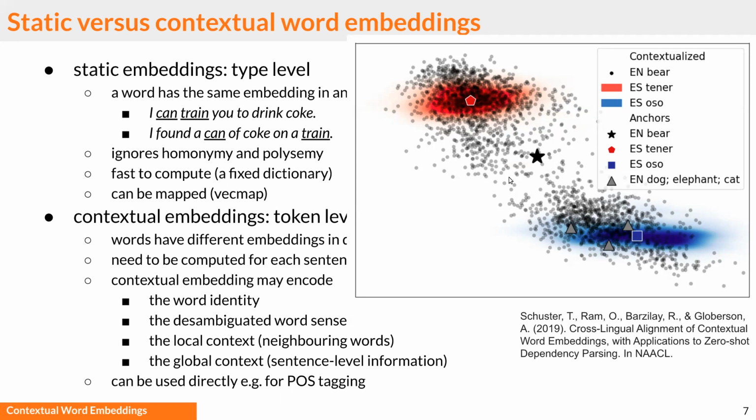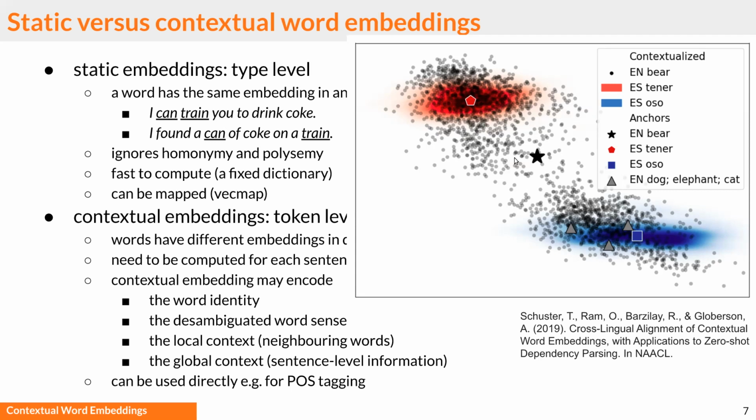One meaning of bear is the animal, and the other is to hold something, similar to hold, as a verb. And in Spanish, these two meanings are different. The verb would be tener, and the animal would be oso.